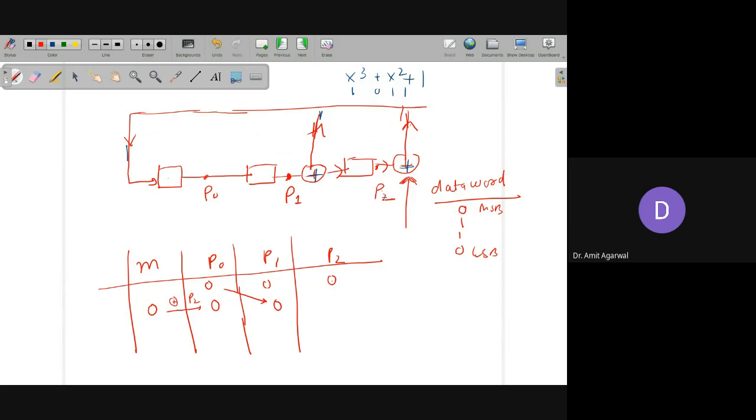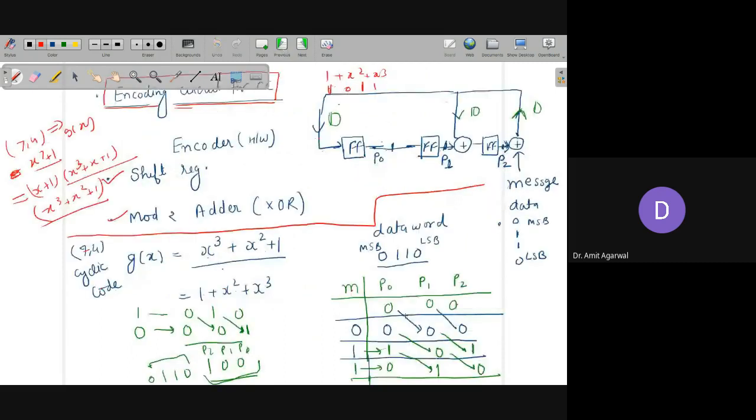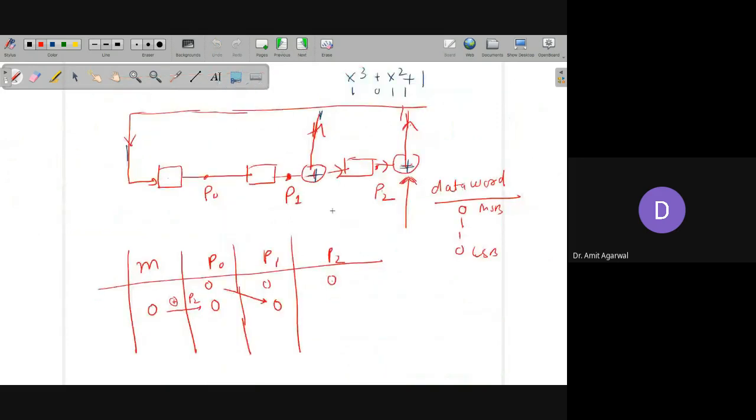And what is your P2? If you see, your P2 is your P1 XOR with this value, correct? Whatever value is coming from here, because we have entered 0, so zeros are coming. So 0 XOR with P1. P1 XOR with 0 is 0.